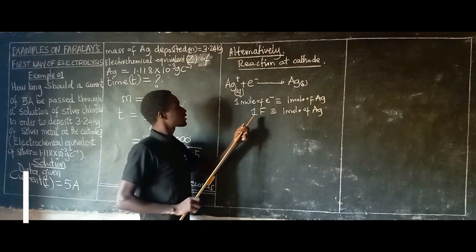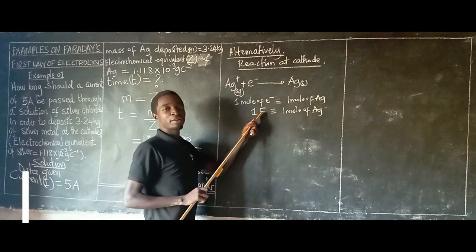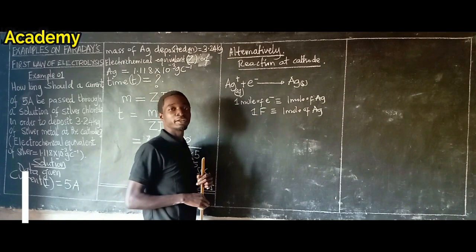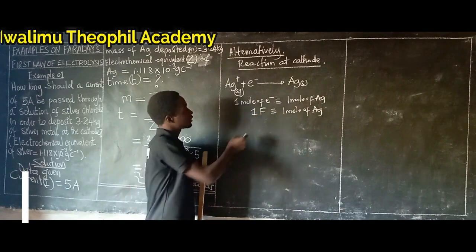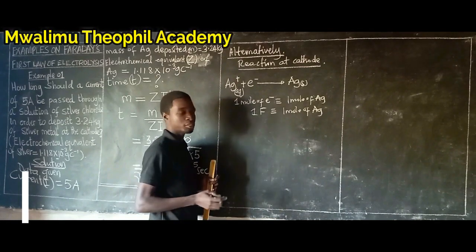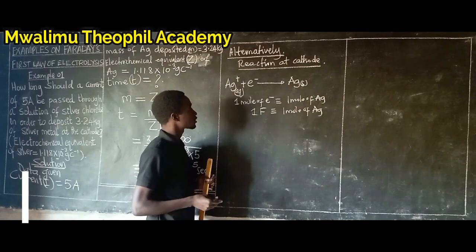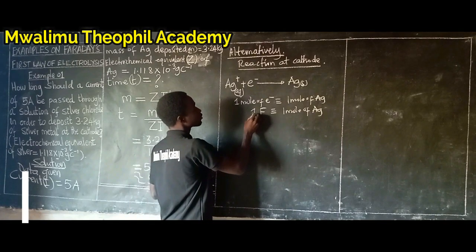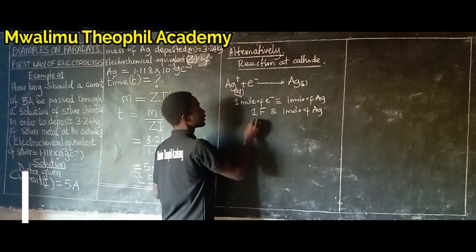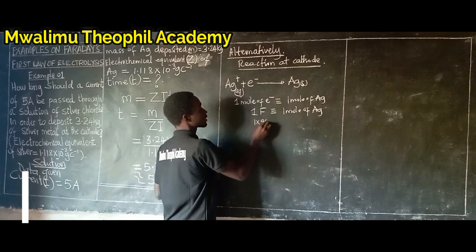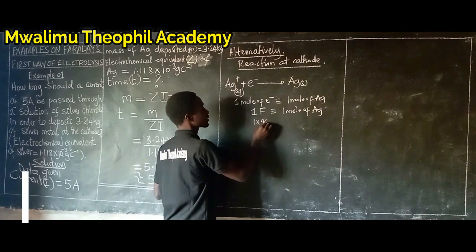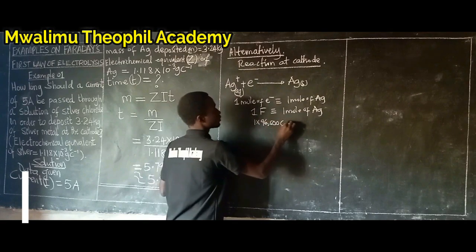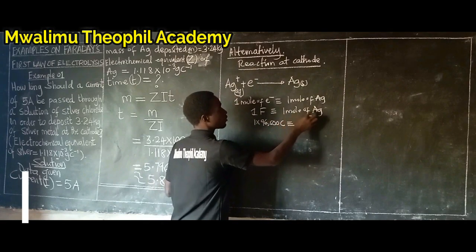Also, you have to remember that 1 Faraday is equal to 96,500 coulombs. I can change the Faradays into coulombs, I mean, the quantity of electricity in terms of charge. So 1 times 96,500 coulombs will be equivalent to 1 mole of silver.